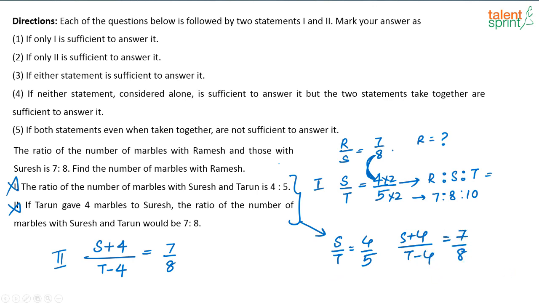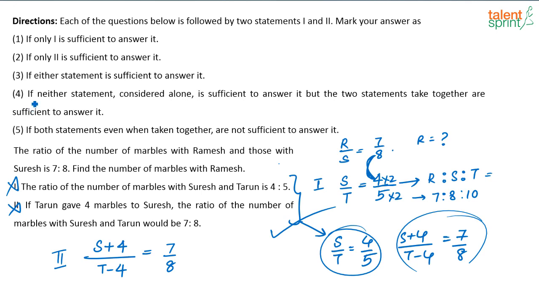I can find the relationship between S and T, substitute it here, solve for S and T, and in turn I can find out what is R. So if I combine both the statements together, I will be able to arrive at the answer. If I take the statements separately, I am not able to arrive at the answer, but if I take them together, I will be able to.